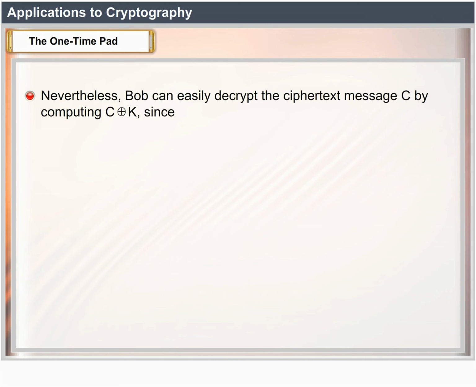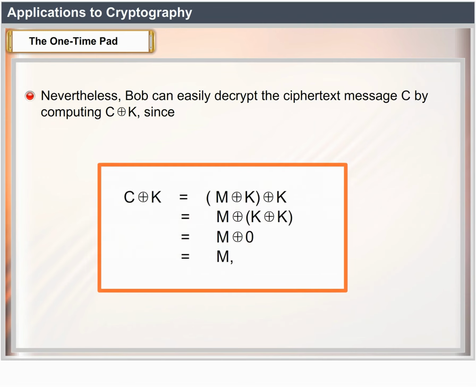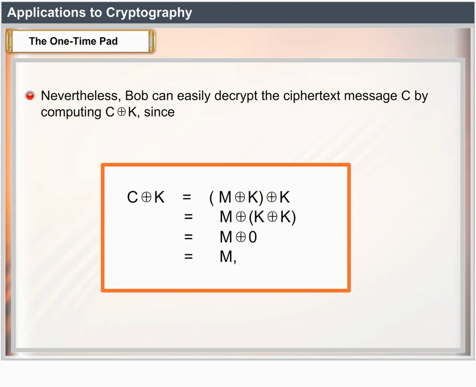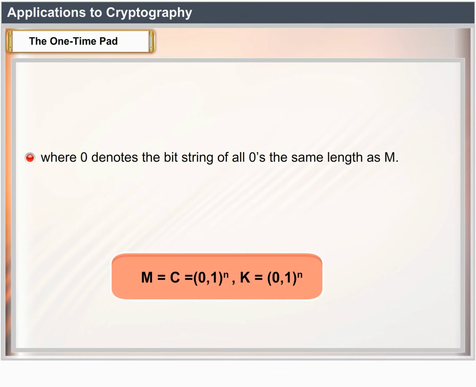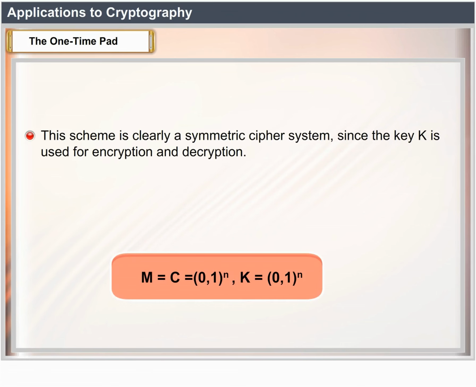Nevertheless, Bob can easily decrypt the ciphertext message C by computing C ⊕ K, since C ⊕ K produces M ⊕ K ⊕ K, which equals M ⊕ 0, which is M, where 0 denotes the bit string of all zeros the same length as M. This scheme is clearly a symmetric cipher system, since the key K is used for encryption and decryption.